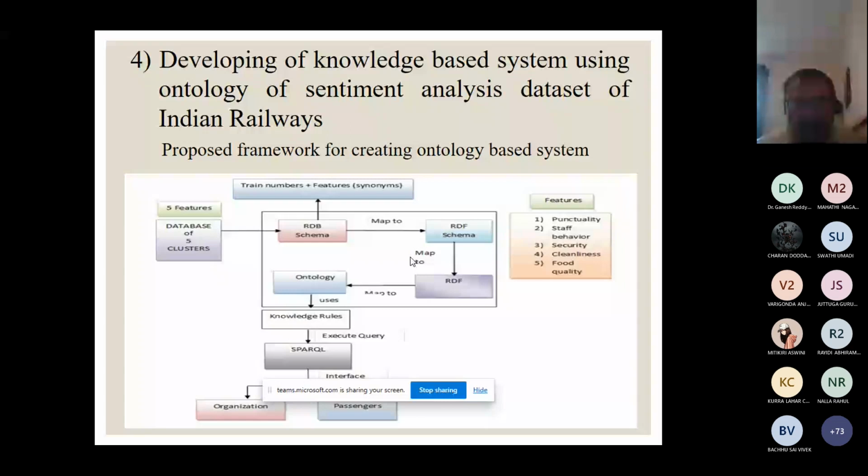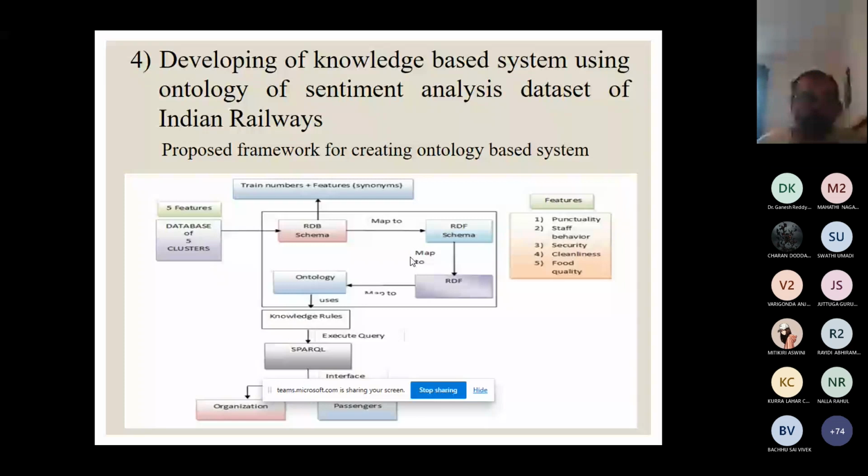Then I created the ontology. Actually, there are a number of ready-made ontologies we can get, but I applied the tool and got the results. After the ontology, we apply the tool, give it the knowledge rules, and query it.